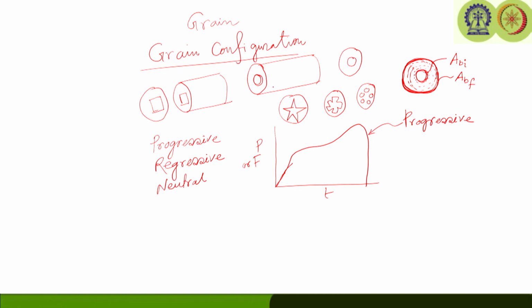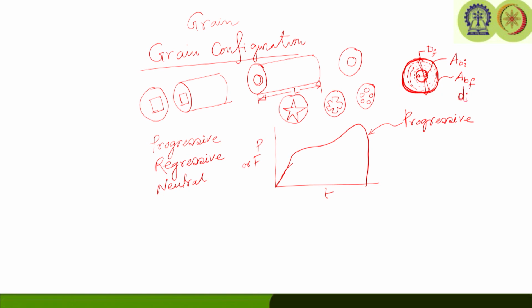If you consider that the length of the grain is L, we can find out the initial burning surface area by considering that the initial diameter of the grain was di, and the final diameter is df.